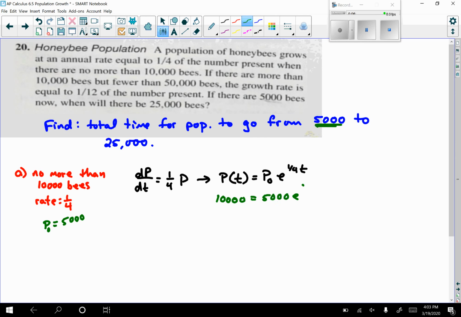And that's at a rate of 1/4. So we get 10,000 is equal to 5,000 e to the 1/4 times t. Now these problems, we're just going through them as we did yesterday. Divide both sides by 5,000. So we'll get 2 is equal to e to the 1/4 t. We'll take the natural log of both sides.